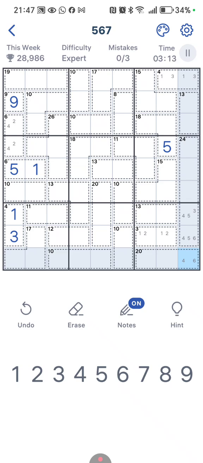Okay. 17 plus 10 is 27, plus 10 more is 37, so 57. So if this is 57, then this and this has got to be 12. It means 4, 5, 7, and 8. 4, 5, 7, and 8 can't be 3 because that's cutting across it. But then also 4, 5, 7, and 8.